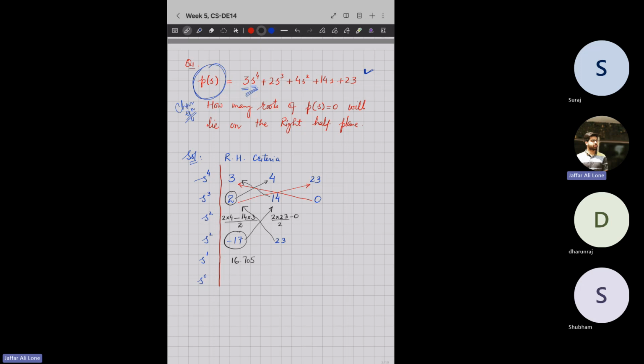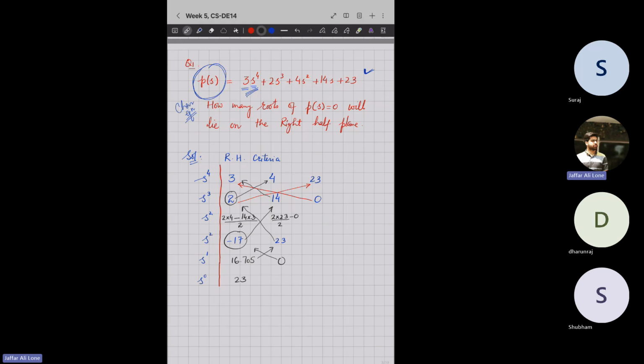Keep your calculator ready. This will be 0. Then the last term, I multiply this minus this, it is 0, then again divided by 16.705, so it will be 23. So you have populated all the rows.